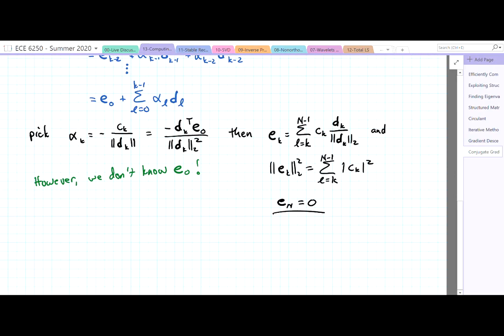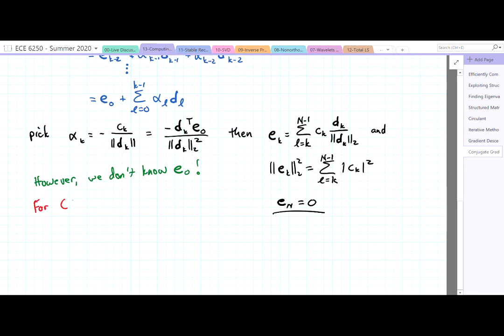Well, the key to conjugate gradients is the recognition that orthogonality can be defined using any inner product. So let's define an inner product based on things that we do know.